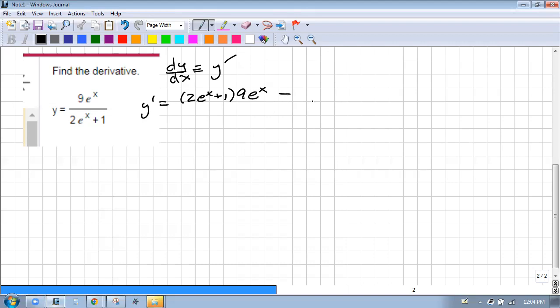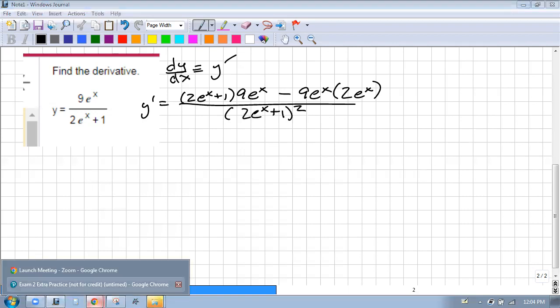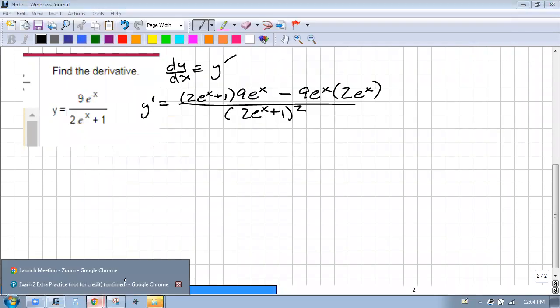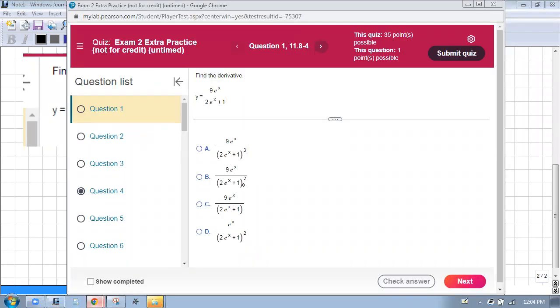And we have minus the derivative of the top times, no, sorry, the bottom times the derivative of the top minus the top times the derivative of the bottom all over the bottom squared, right? And based on these answers, it looks like they want you to do some factoring maybe. No? Anyway, what's that? We got the 2x e to the x squared. It has to be either b or d, right? B or d.